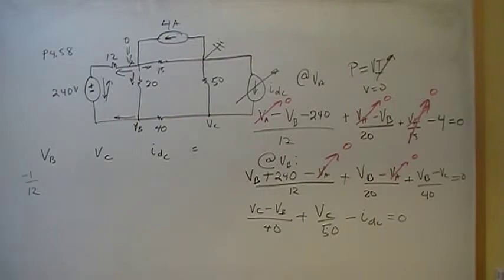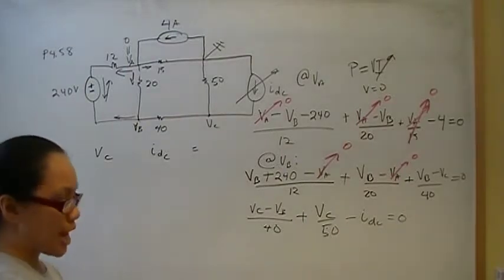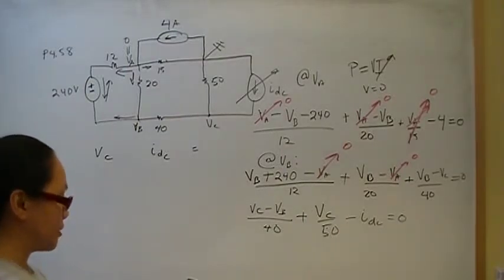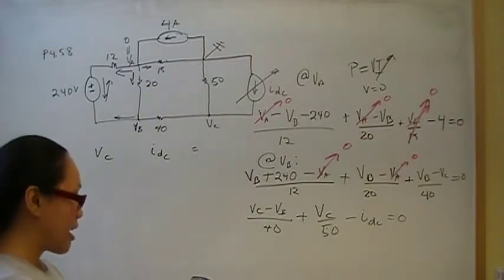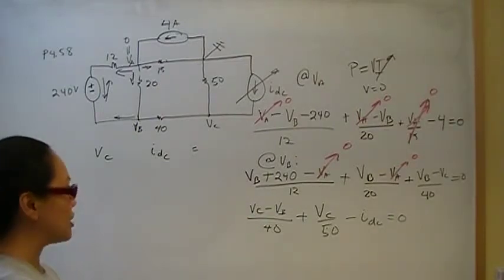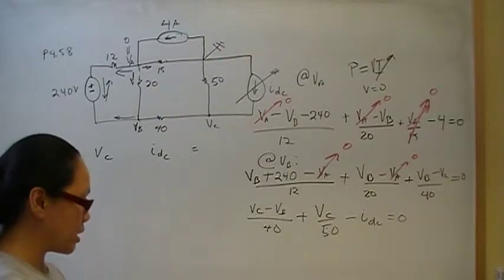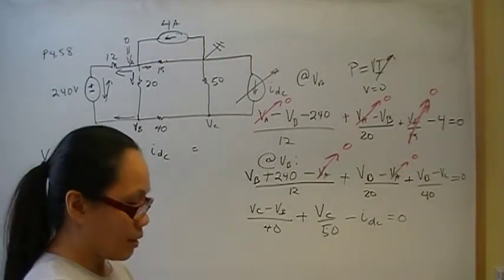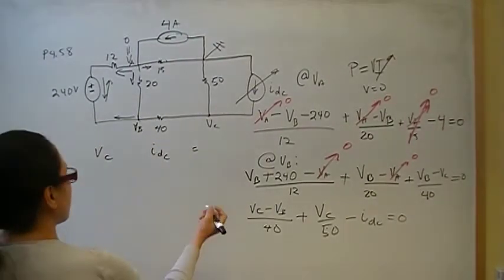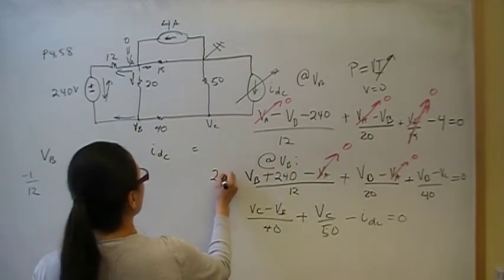So negative 20 will go on the other side as positive 20. I have to double check because it causes me a lot of grief when I make really basic mistakes. So on this side I have a positive 20.